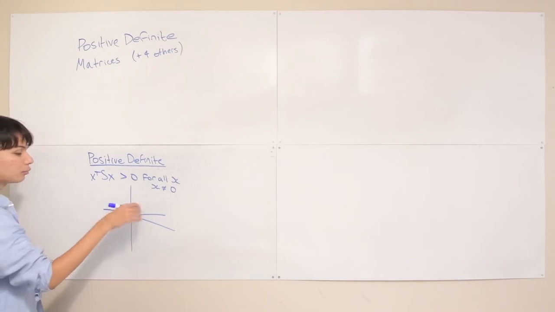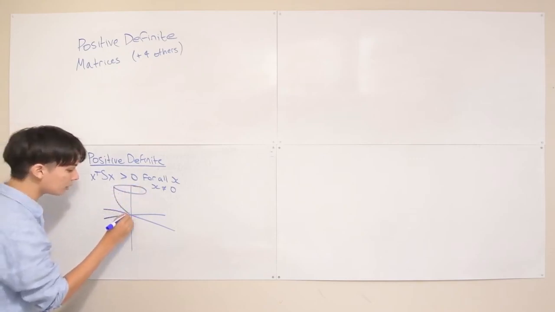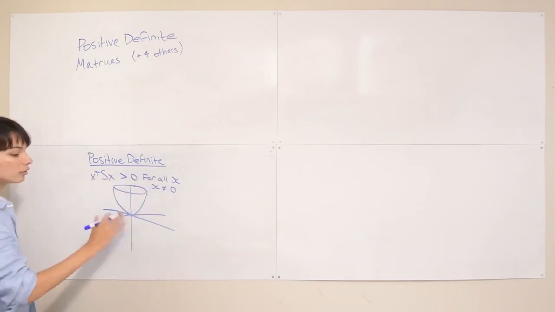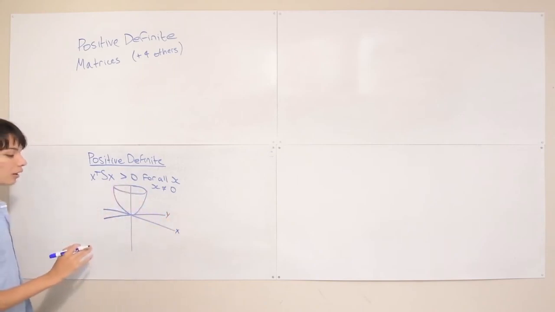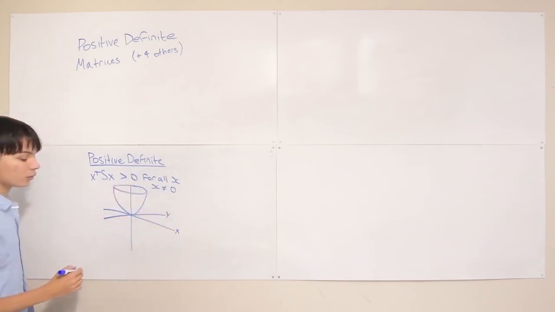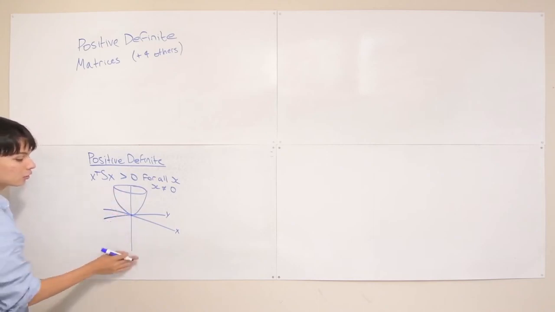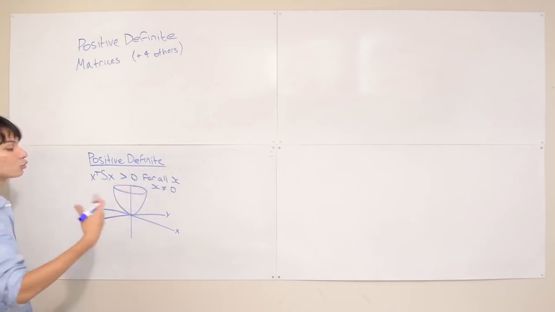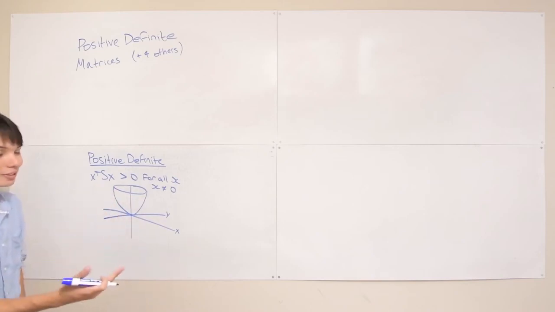It's going to look like some paraboloid centered at the origin with its minimum at 0, because it's positive for all values of x and y, and equal to 0 when x and y equal 0. So it'll have its minimum at the origin. You can think of this as the paraboloid created by a positive definite matrix.